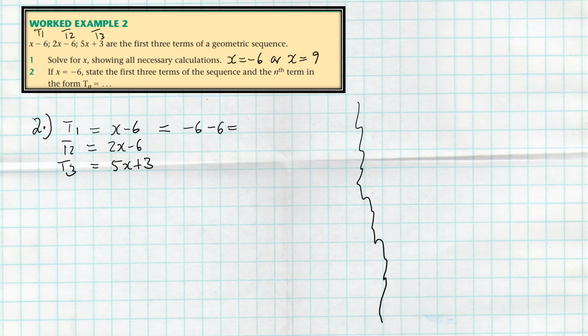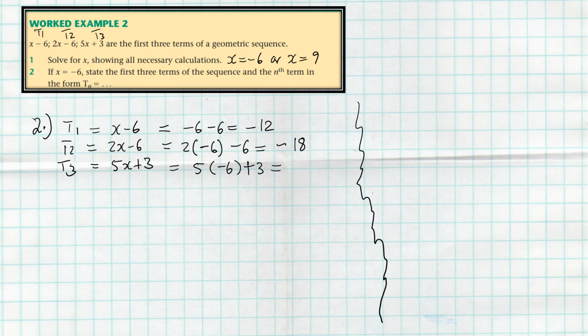So term 1 will be minus 6 minus 6, which is minus 12. Term 2 is 2 times minus 6 minus 6. So 2 times minus 6 is minus 12, minus 12 minus 6 is minus 18. Term 3 is 5 times minus 6 plus 3.